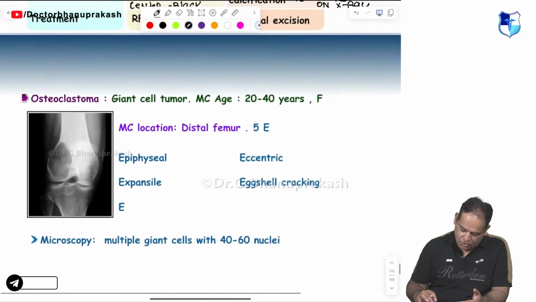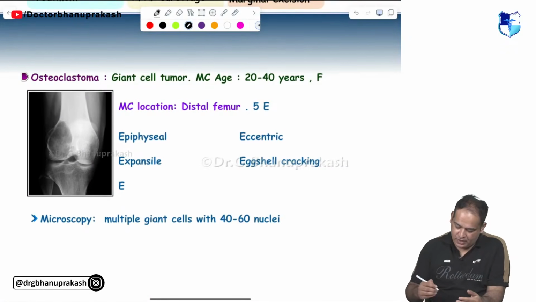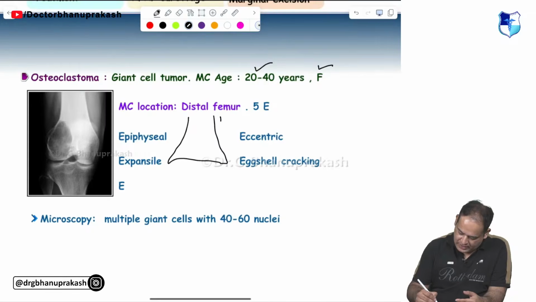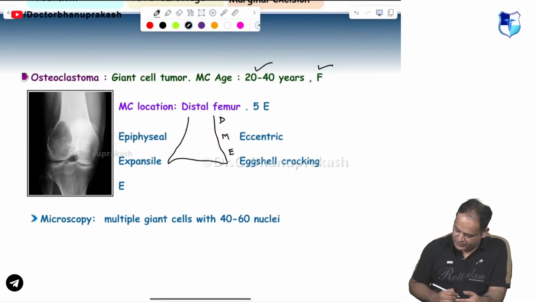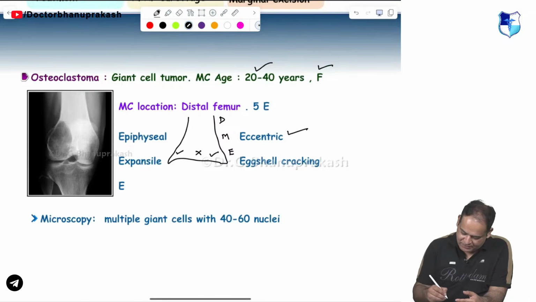Okay, osteoclastoma, favorite tumor of examiner, 20 to 40 years old, seen in females. It is seen at epiphysis. देखो, ये रहा diaphysis, ये रहा metaphysis. Tumor is seen at epiphysis, and it is not seen in the center. It is seen at the periphery. That means eccentric. It is expansile.